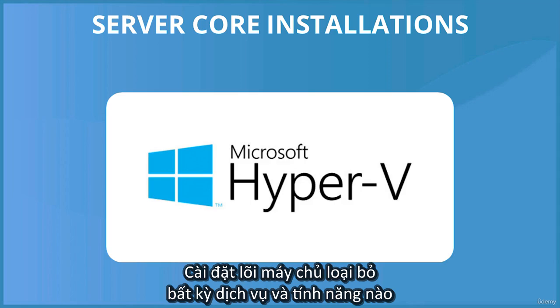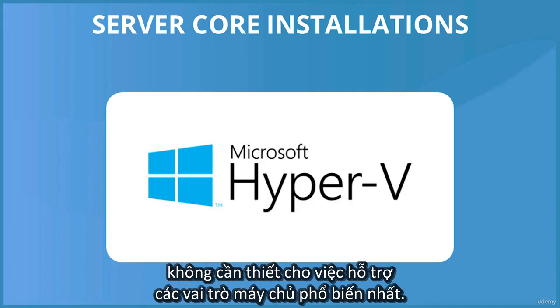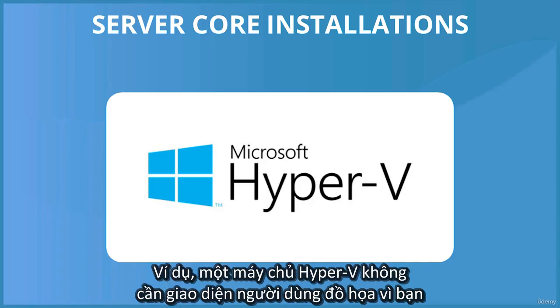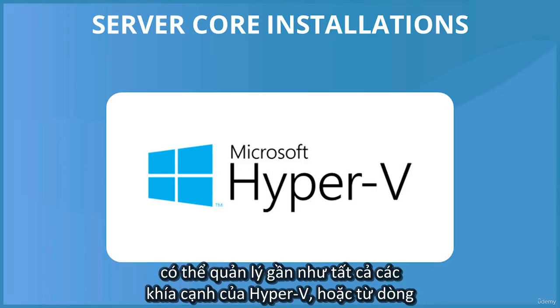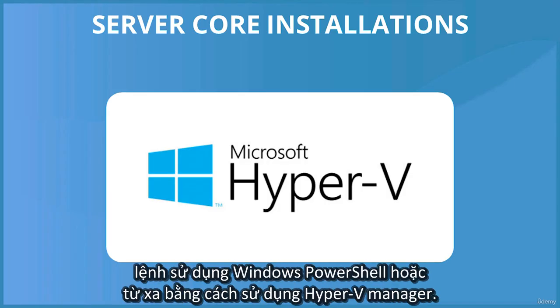The Server Core installation eliminates any services and other features that are not essential for the support of certain commonly used server roles. For example, a Hyper-V server doesn't need a graphical user interface because you can manage virtually all aspects of Hyper-V either from the command line using Windows PowerShell or remotely using the Hyper-V Manager.